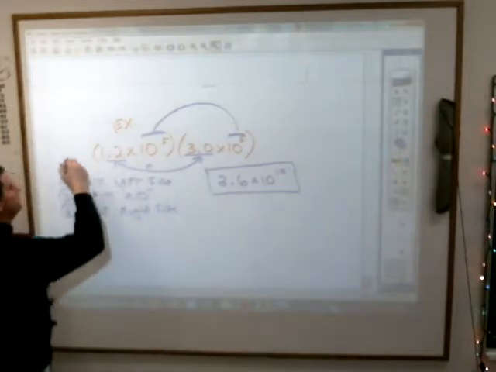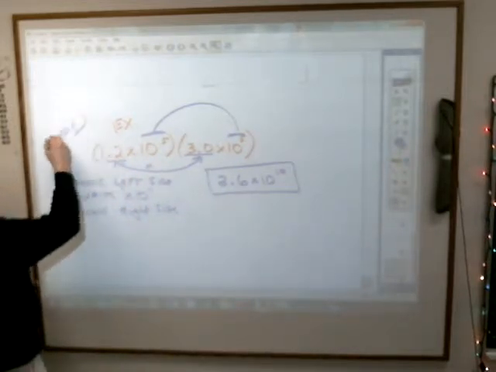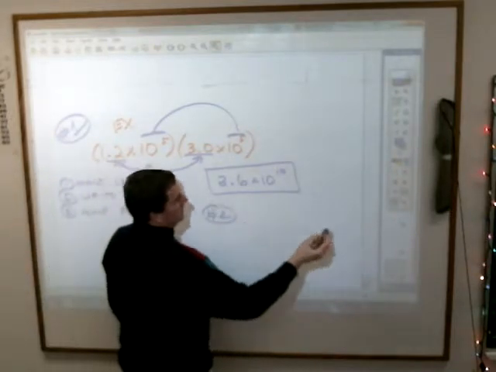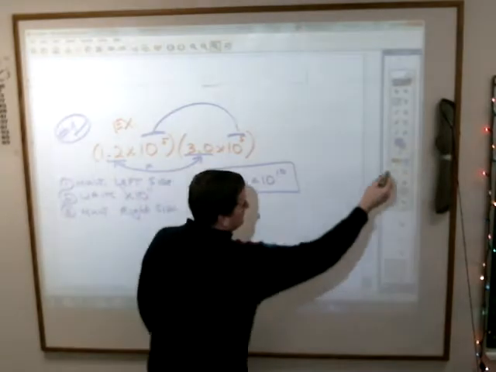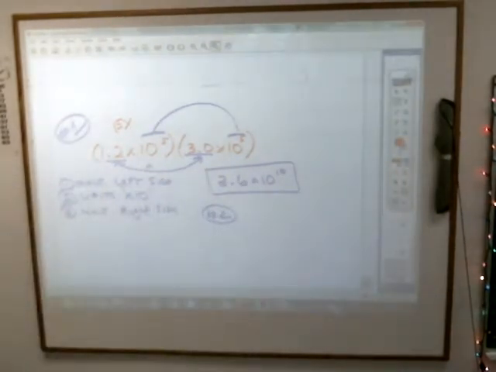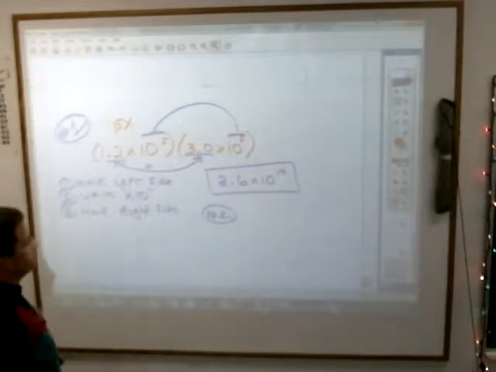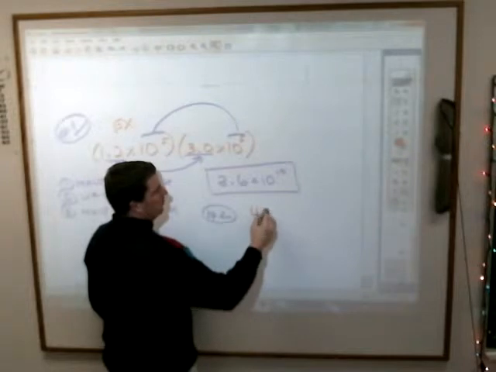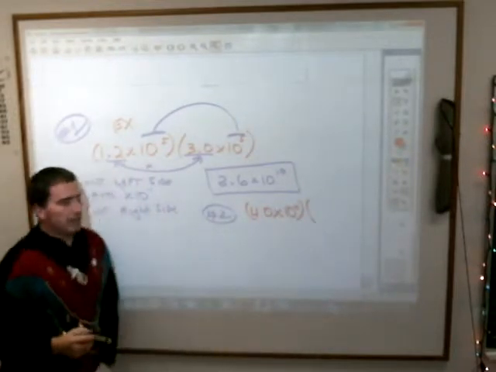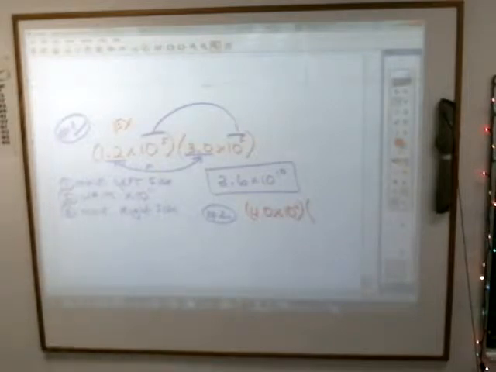Example number 2 looks like this. It's a simple thing to do, but a lot of people get it wrong because they just don't think a whole lot. 4.0 times 10 to the 4th multiplied by 5.0 times 10 to the 5th.